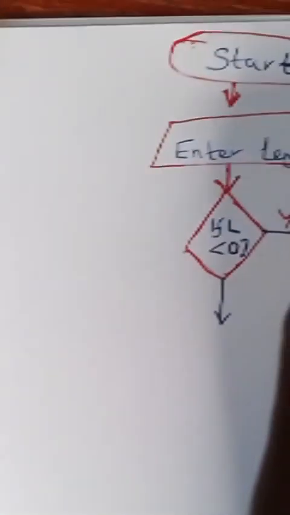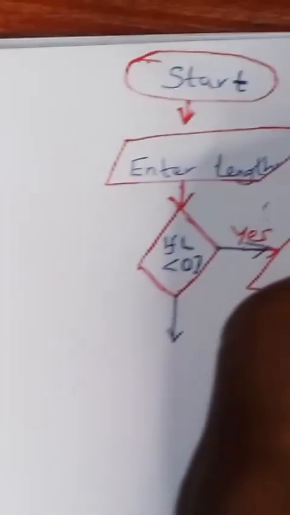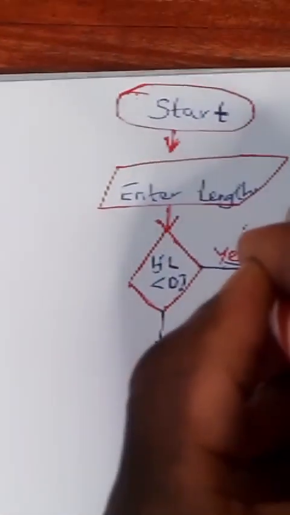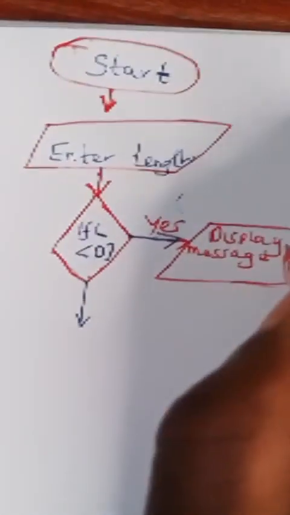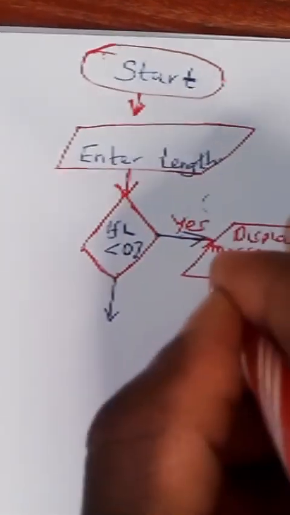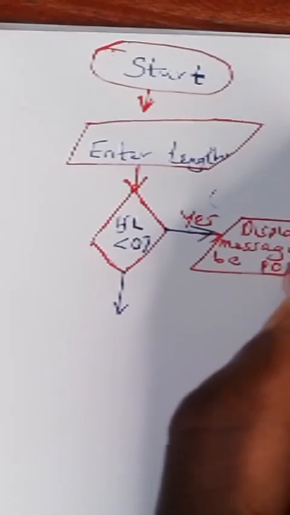Our statement here says it displays the error message, length must be positive. So you write display error message L must be positive.